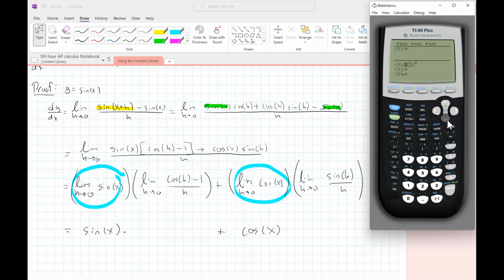So I'm going to go ahead and type into y1 cosine x minus 1 all over x. And I'm going to type into y2 sine x over x, and just do a little table to see what happens when we get really close to 0. Everybody cool?